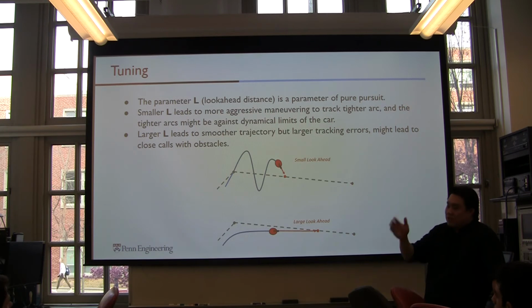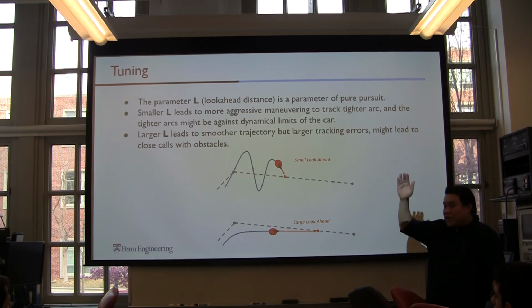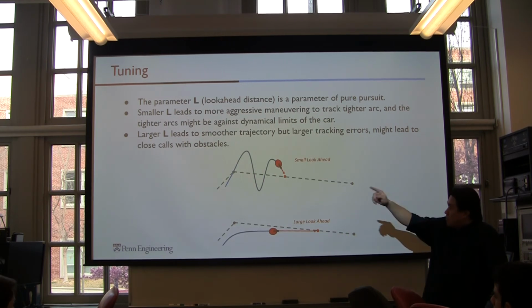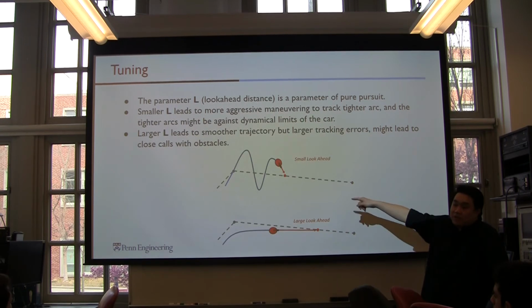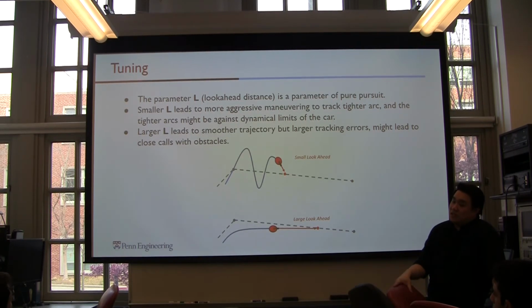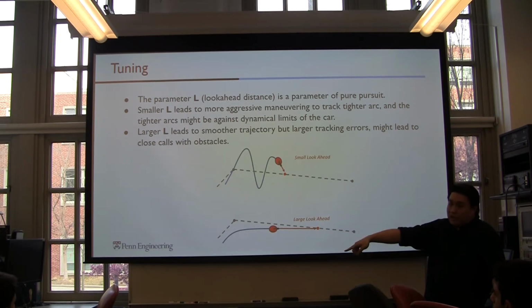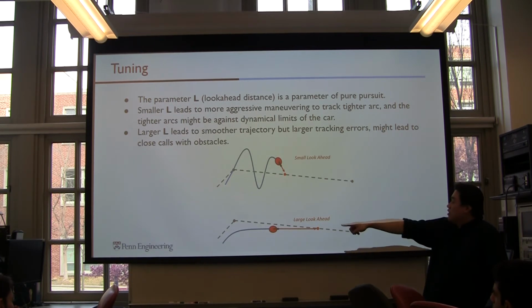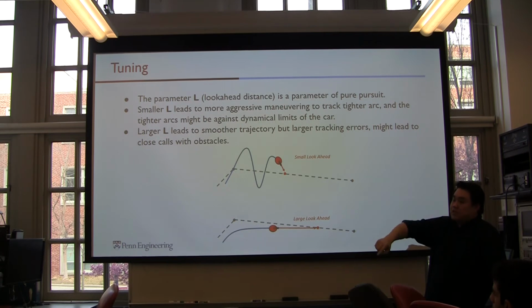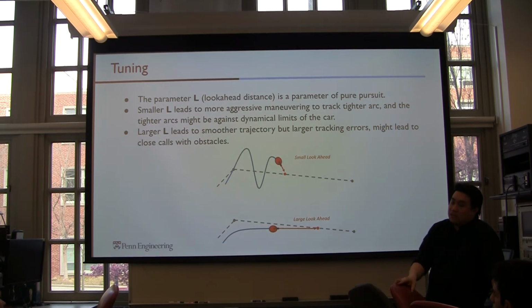It's proportional on the curvature. If you have a smaller L, you're going to have a high curvature for the arc that you're tracing, and then your P gain goes up, and around the equilibrium, you're going to have a lot of oscillations. So with a larger L, you're going to have a smoother trajectory, but it's going to have higher tracking error, basically.